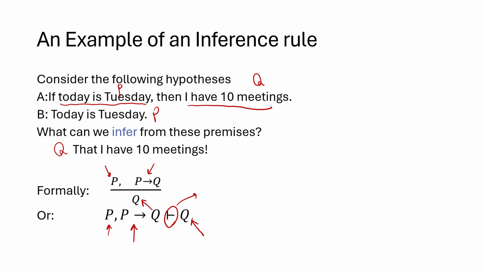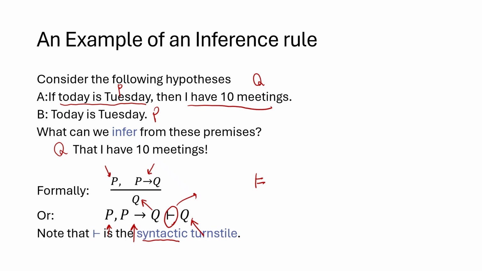So the way to understand this is that Q can be deduced, or we can infer Q from the fact that P, and also if P then Q. Now, this is again called a turnstile, the symbol in the middle. It's a syntactic turnstile because we didn't create a truth table for all of this. Remember, we use double turnstile when it's a semantic consequence, and we use truth tables and so on. So that's the general setting.